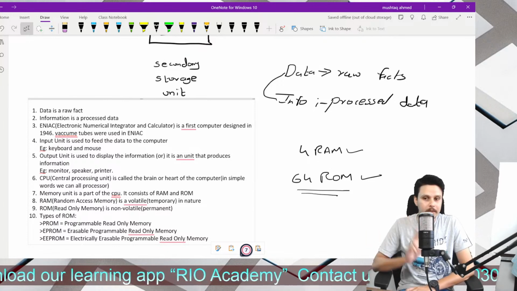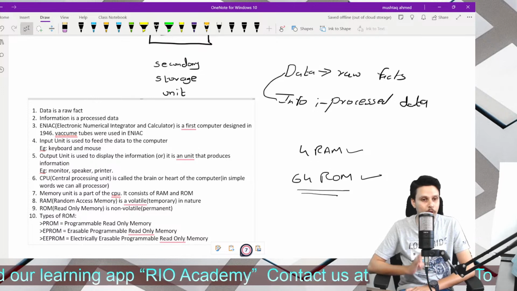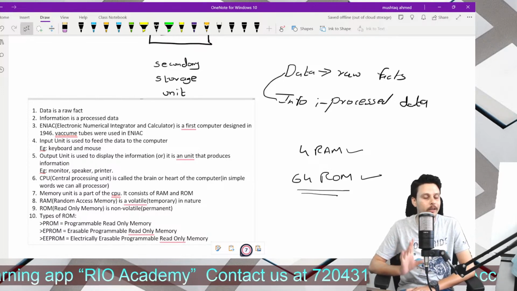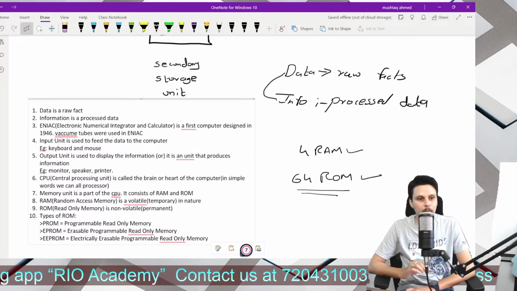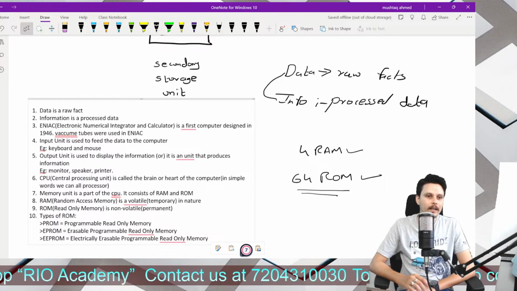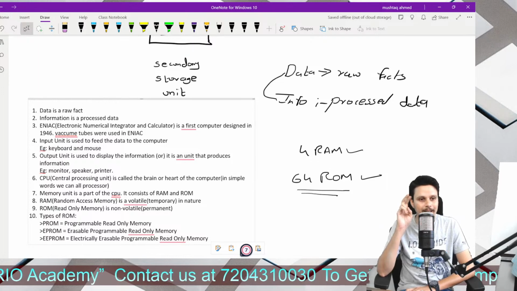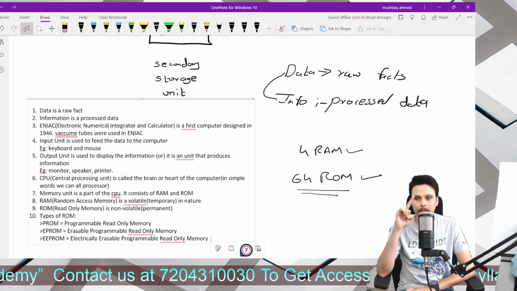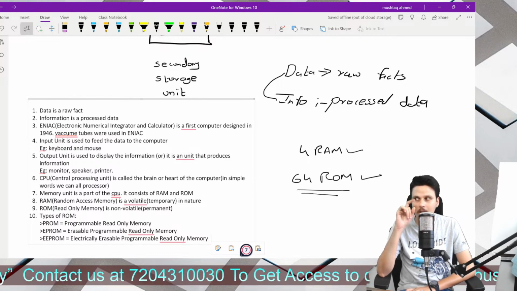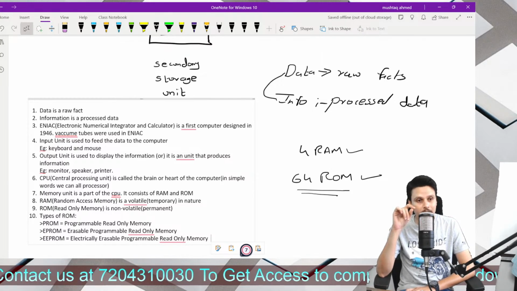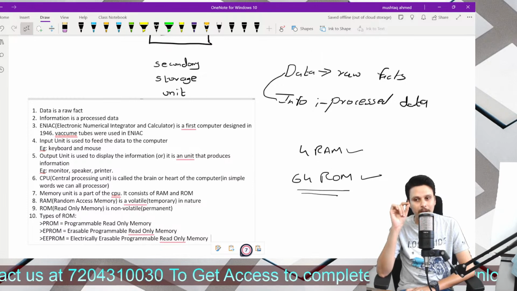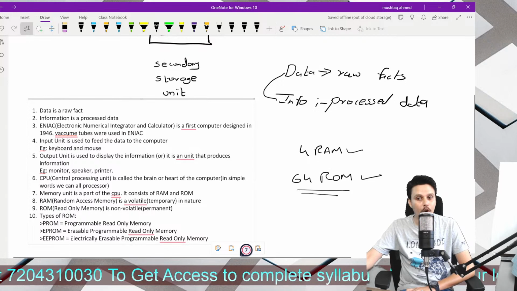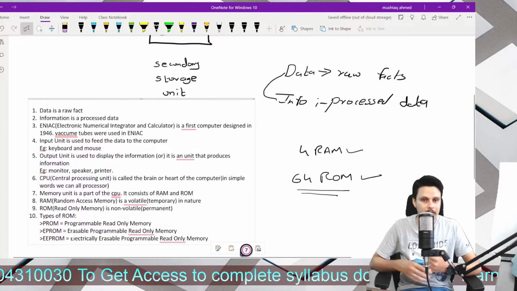You will get four options, and two of them will be electrically and electronically. The right answer is electrically, not electronically. Just keep it in mind.